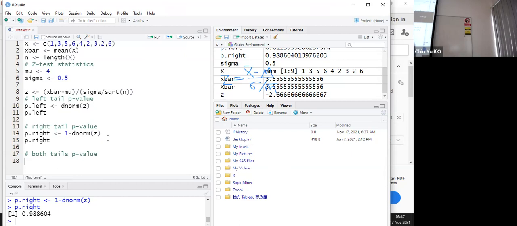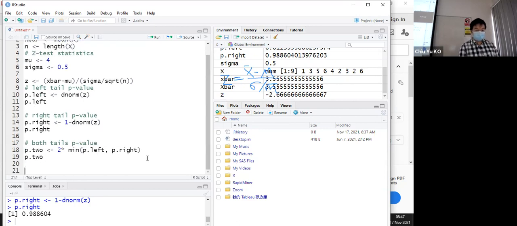So how to get a two tail? There are two ways to do it. One is to look at the minimum and then multiply by 2. So I can do the following: 2 times the minimum of the left and the right. That also gives you the answer, and this is what I do in the class in the slide.